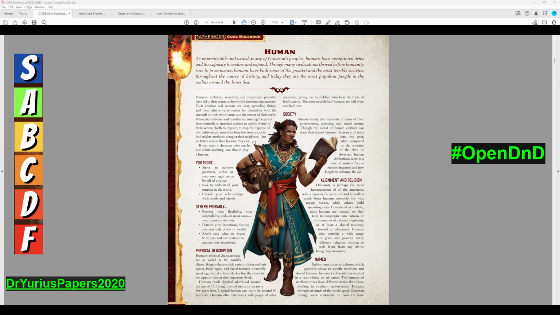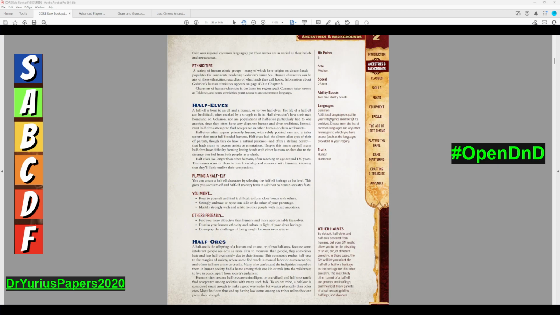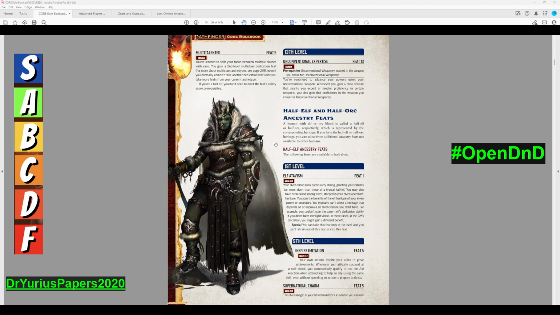And so for humans, instead of the ability boost where it's dex, wisdom, and a free one, and then an ability flaw, humans have 2 free ability boosts and no flaw. And then there are specific feats for the heritage that you take as a human.